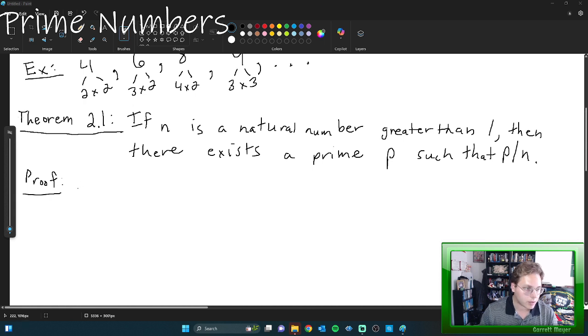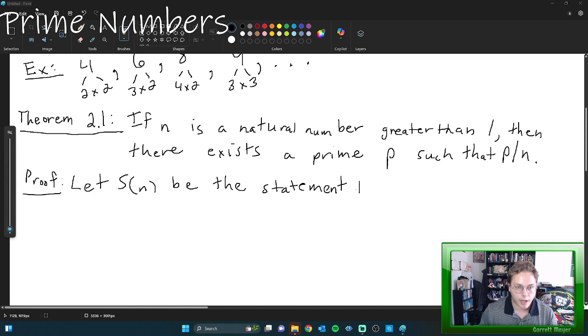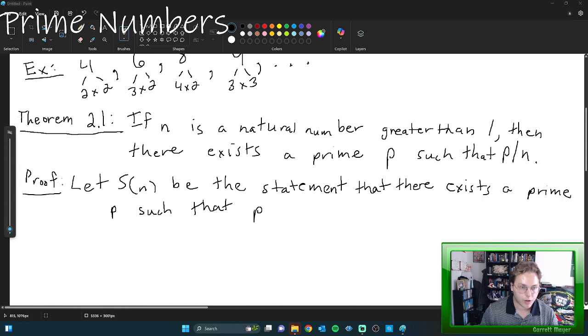So we're going to let Sn be the statement that there exists a prime p such that p divides n, where n is a natural number.